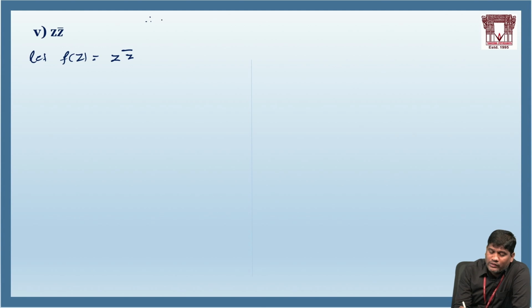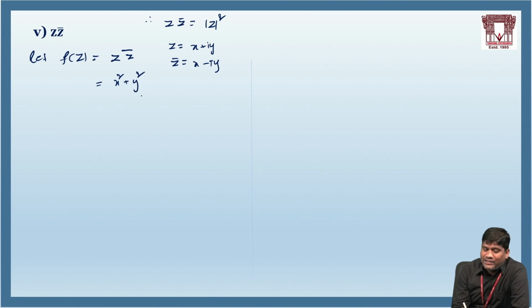Everybody knows z into z bar is mod z square, and z is equal to x plus iy. z bar is the conjugate of z, x minus iy. If we write the product of z and z bar, then we get mod z square, that is here x square plus y square.